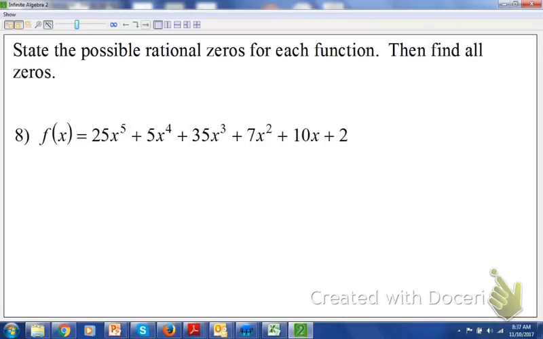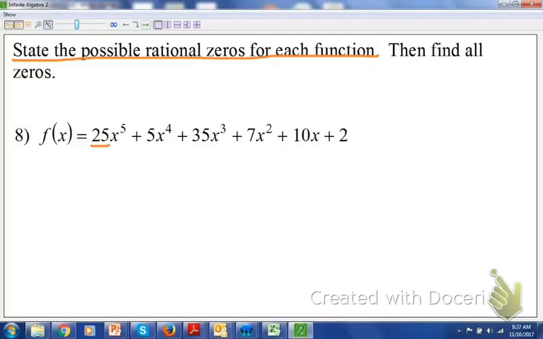Number 8. All right, so again, let's not ignore the instructions. State the possible rational zeros for each function. Now this one is one of the first ones that we've encountered that has a coefficient up front that is not 1.